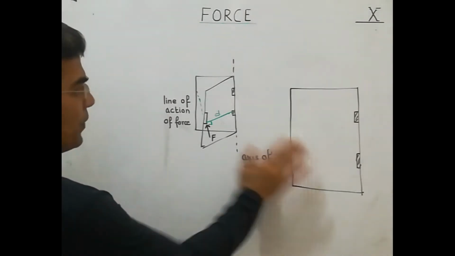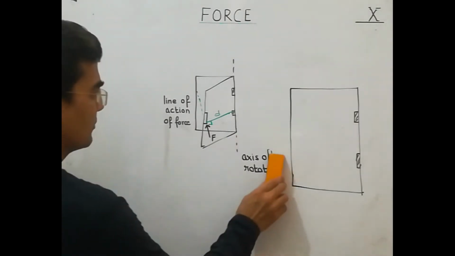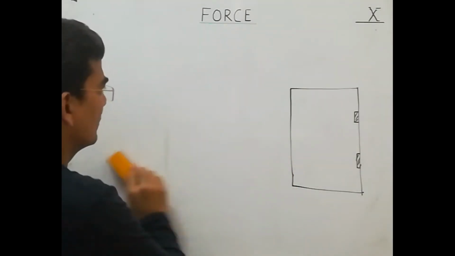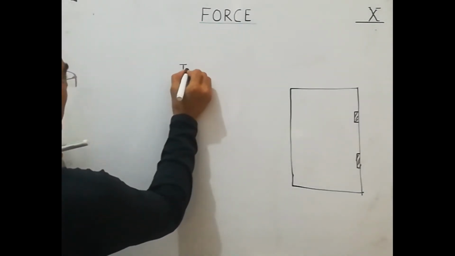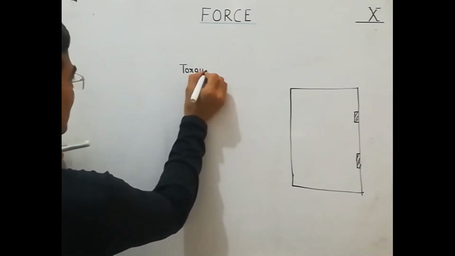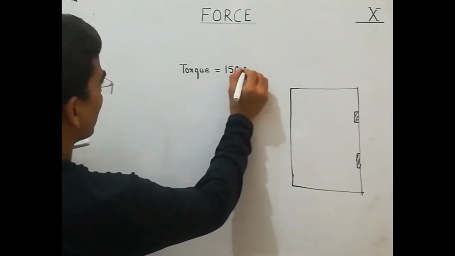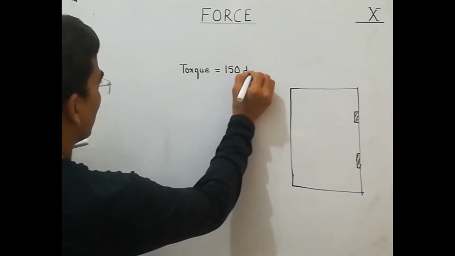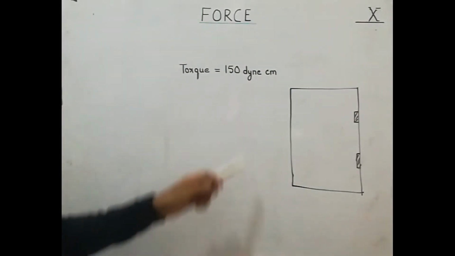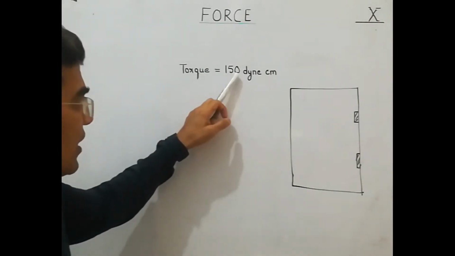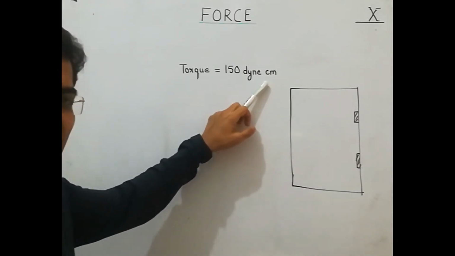Now suppose opening of this door depends upon the torque, and the torque required over here is suppose 150 dyne centimeter. I've taken unit in CGS. Torque required is 150. Dyne is the unit for force. Centimeter is the unit for distance.